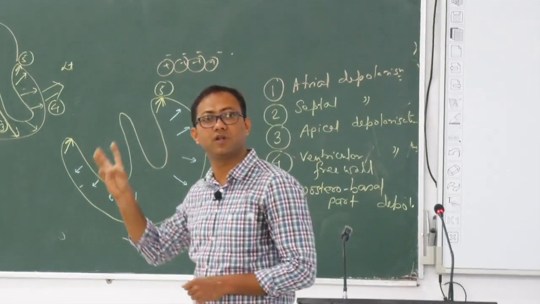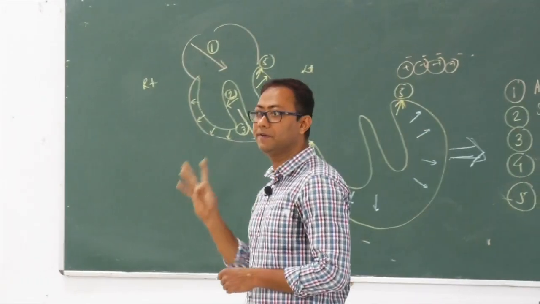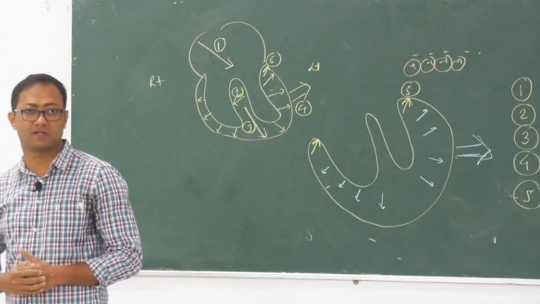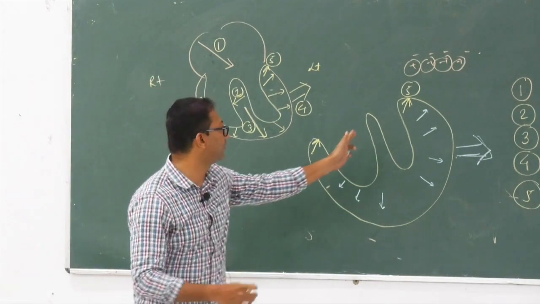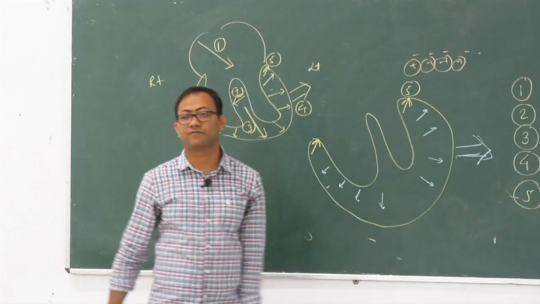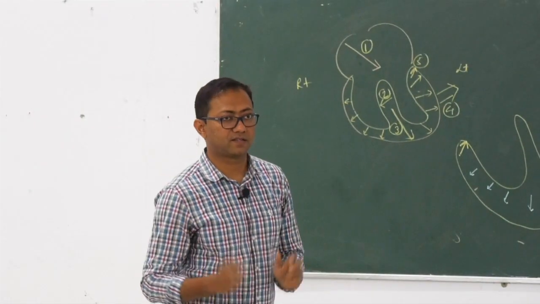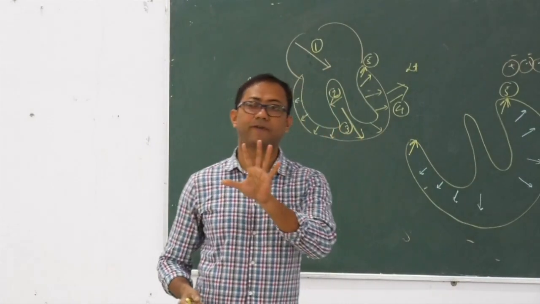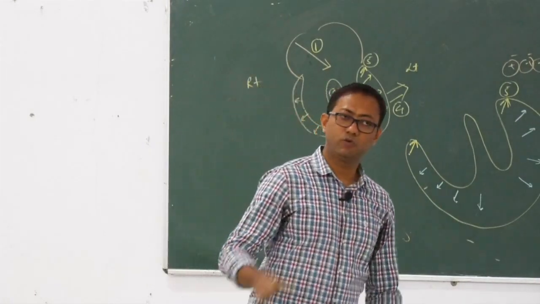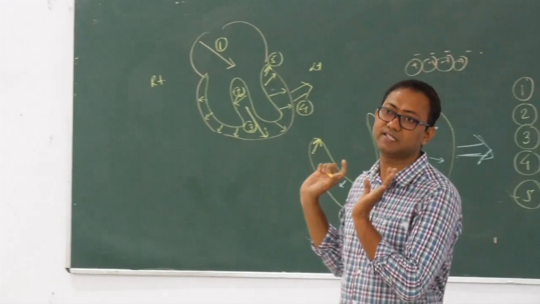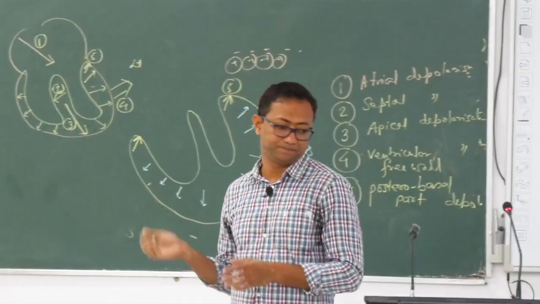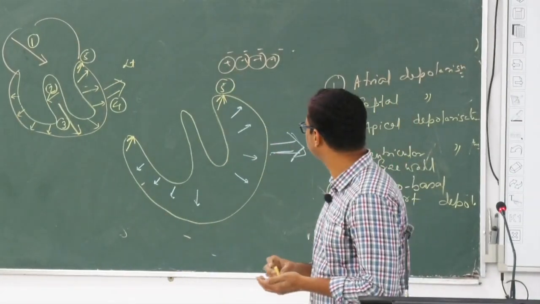Fourth is ventricular free wall depolarization. And fifth is depolarization of the posterior-basal part of the heart. So these are the 5 vectors. Now, if you know these 5 vectors, you will be able to explain these events.